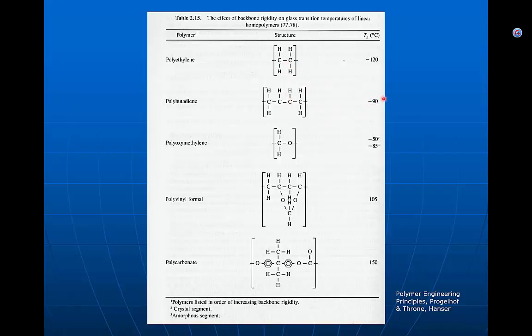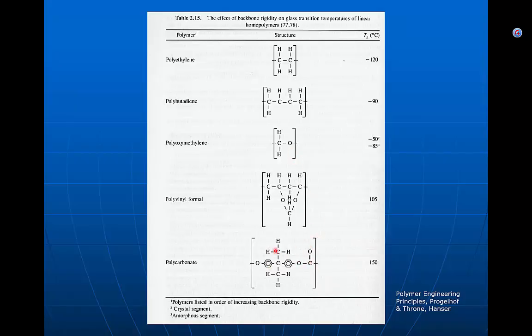Well, the TG goes up. Or if I throw an oxygen into this backbone, it makes this backbone even less flexible. The TG goes up even more. What if I throw in essentially a truss? This is polyvinyl formal, and if you think of this as really stiffening this backbone, keeping it from moving, the TG goes up even higher to 105. And then in polycarbonate, all kinds of crazy stuff. We've got oxygen, like you have in polyoxymethylene.